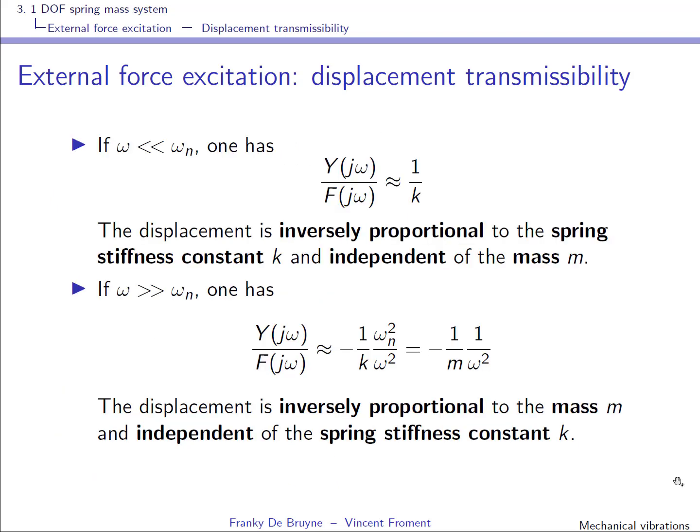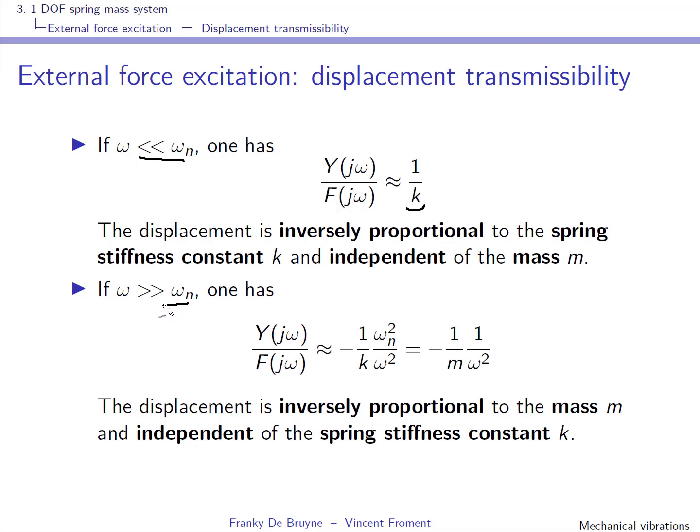We had seen previously that when omega is much smaller than the natural frequency, the system actually behaves as a gain, and it behaves like the static gain, of course. So we see that when the frequency is small, the displacement is inversely proportional to the spring stiffness constant, and it's independent of the mass.